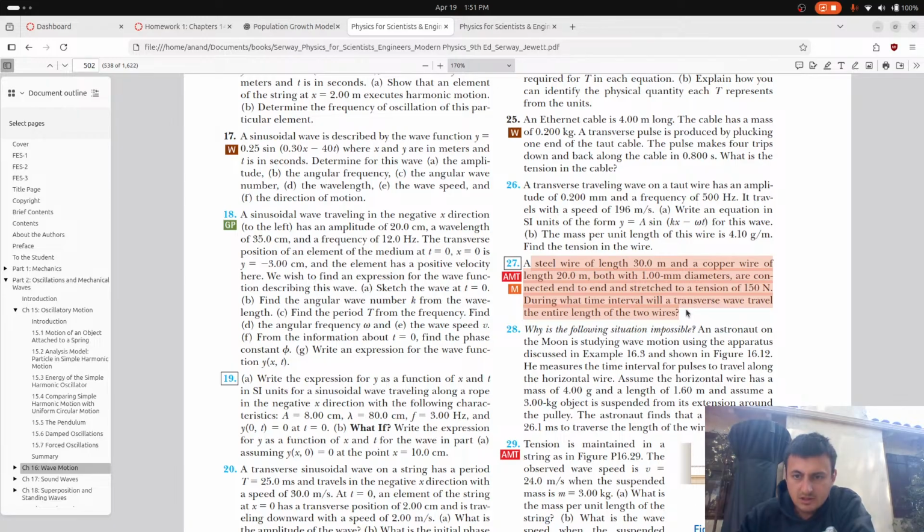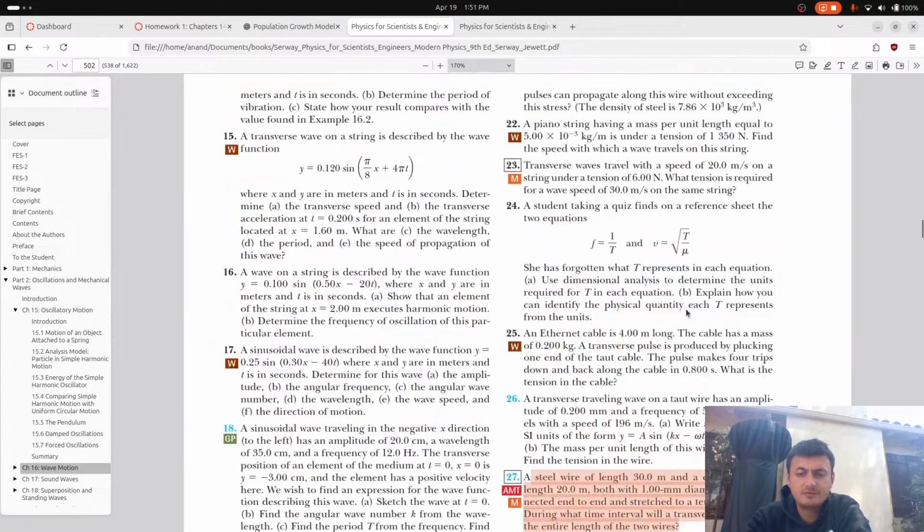A steel wire of length 30 meters and a copper wire of length 20 meters, both with 1 millimeter diameters, are connected end to end and stretched to a tension of 150 newtons. During what time interval will a transverse wave travel the entire length of the two wires? Don't we need to know the density of those?